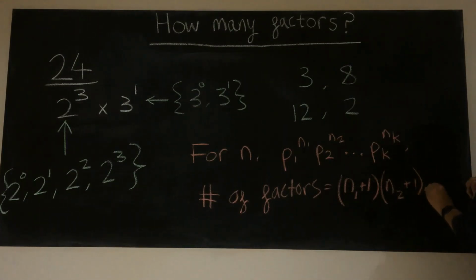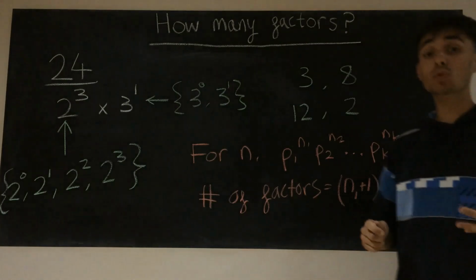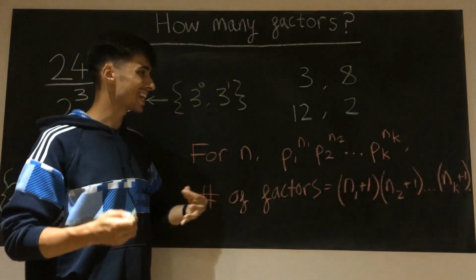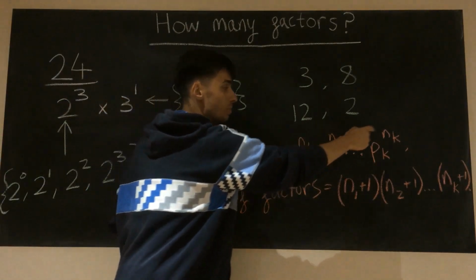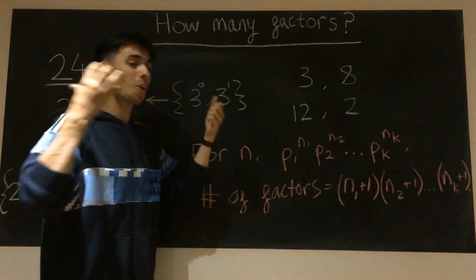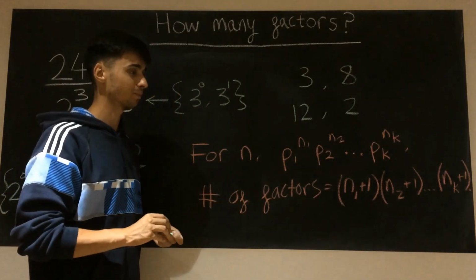Dot, dot, dot. Multiplied by (nk plus 1). That is our rule for counting factors, written out a little bit more formally. We add 1 to each power in the prime factorization, multiply them all together, that gives our number of factors.